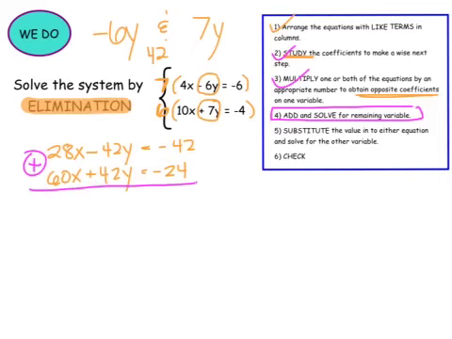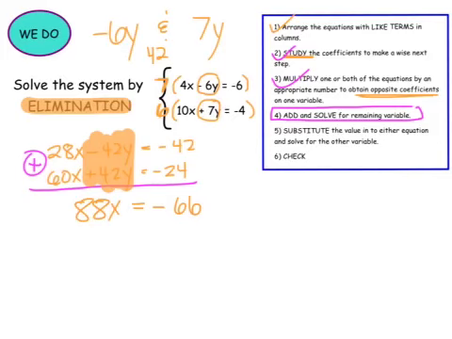Since we have opposites, right here on my y's, when we add our equations together, we should end up with only x's. So I have 28x plus 60x, which is 88x. The y's disappeared. And then on the other side, it equals negative 66.